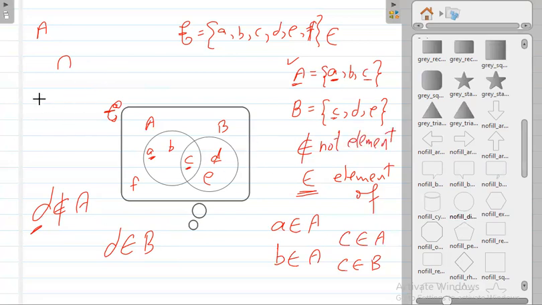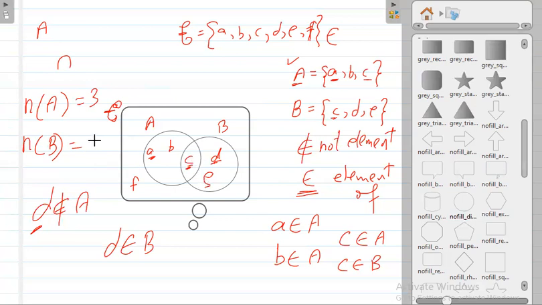Another thing, if it's written this way, n bracket A, it means the number of elements in A. How many elements are in A? I can say 1, 2, 3. So I will write there are 3 elements in A. If I write n of B, the number of elements in B, I will check inside the B. Inside the B we have C, D, E. So how many?